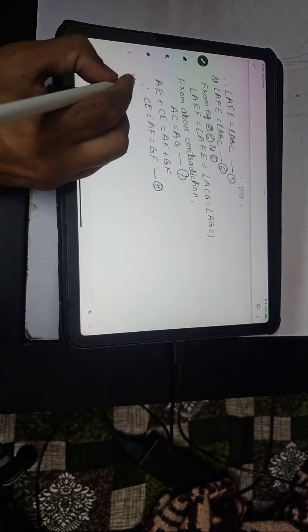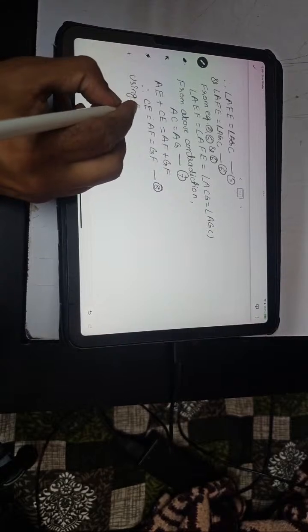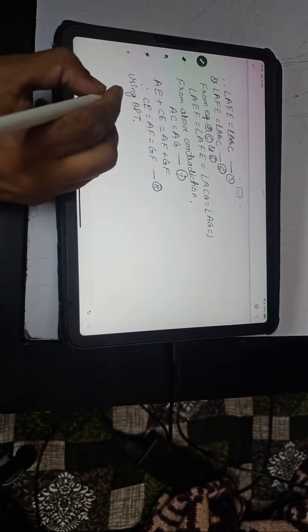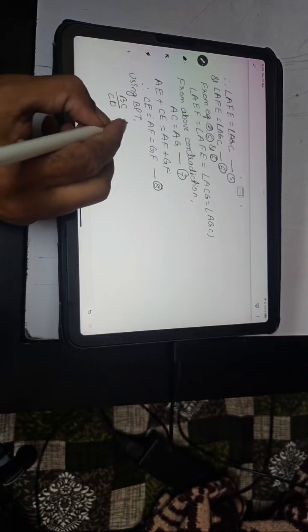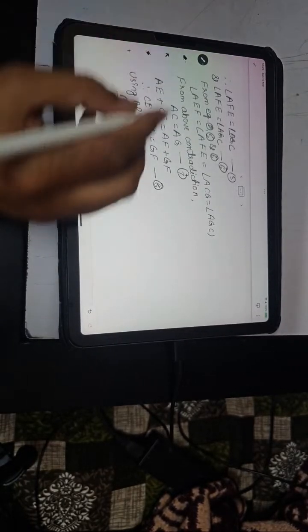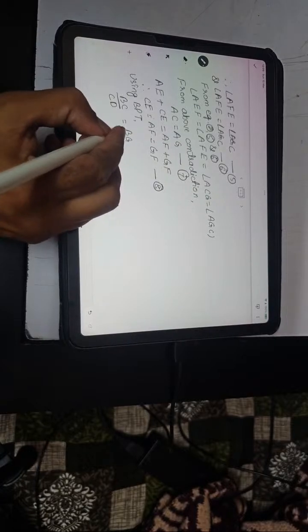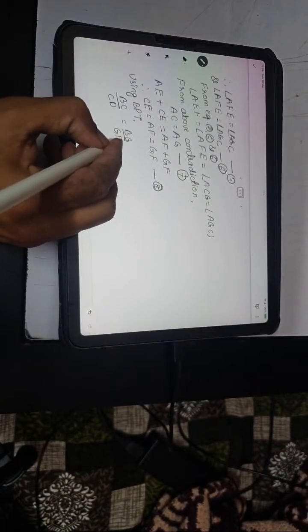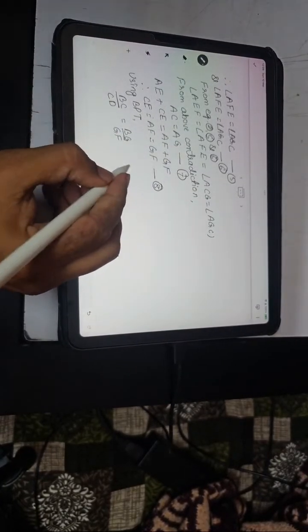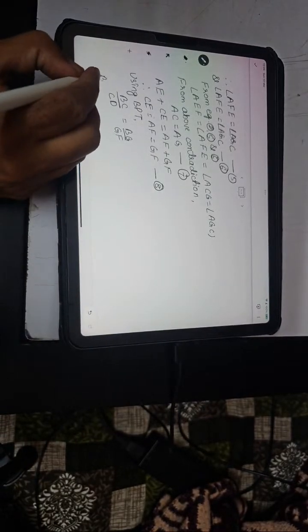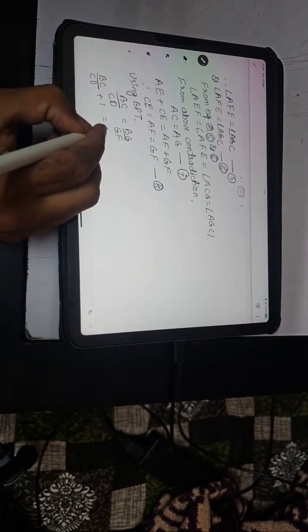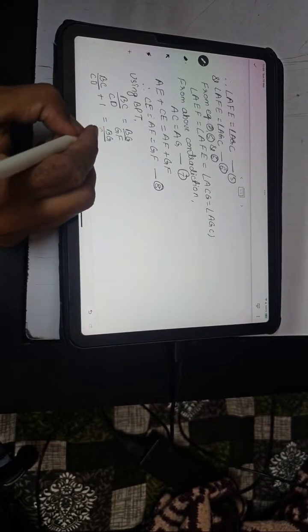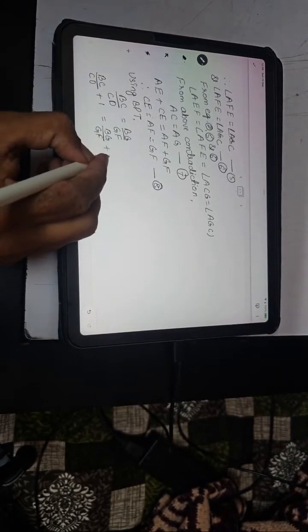Now, using BPT theorem, can I say BC upon CD equal to BG upon GF? So, if I add 1 on both sides, BC upon CD plus 1 equal to BG upon GF plus 1.